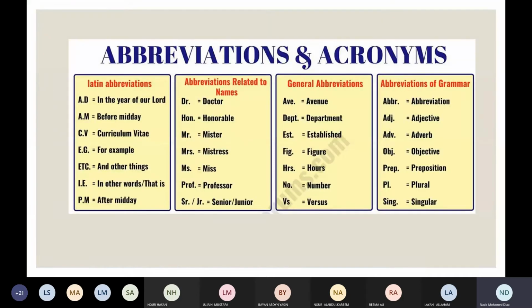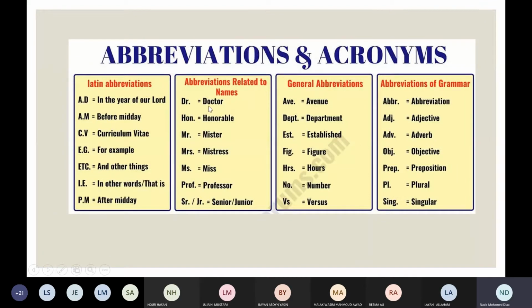But some here are abbreviations and acronyms. I'll tell you what an acronym is now. Here are abbreviations: AD, in the year of the Lord; AM, before midday; PM, after midday; etc.; EG, for example, dot; CV, curriculum vitae, the CV that you present when you want to apply for work.